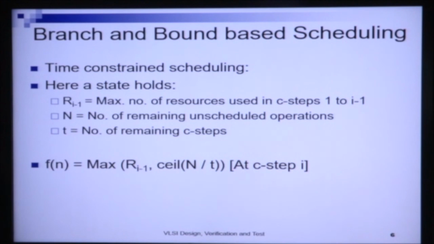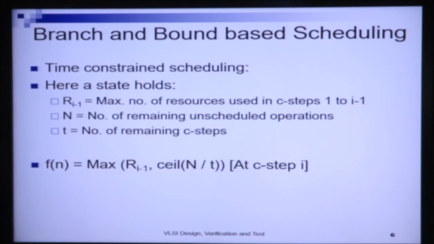So why do we use this Fn? We use this Fn to compare with the current best solution that I have. So I have already traversed another path of the state space and have already found a current solution. Now we will compare at this state with the current solution.